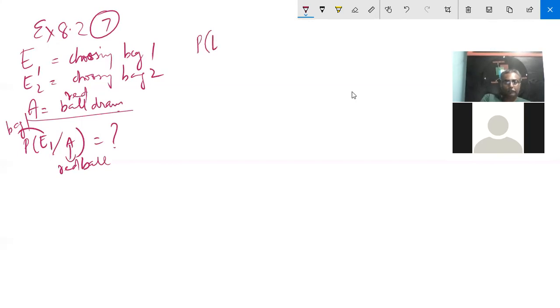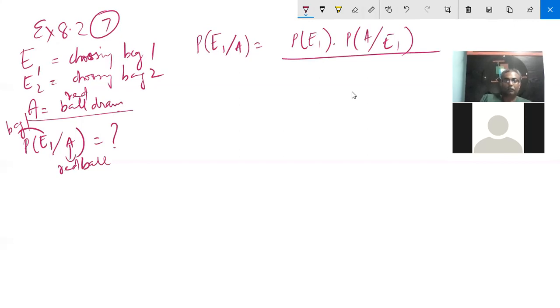P of E1 given A is equal to P of E1 into P of A given E1 divided by sigma. Sigma means P of E1 into P of A given E1 plus P of E2 into P of A given E2.